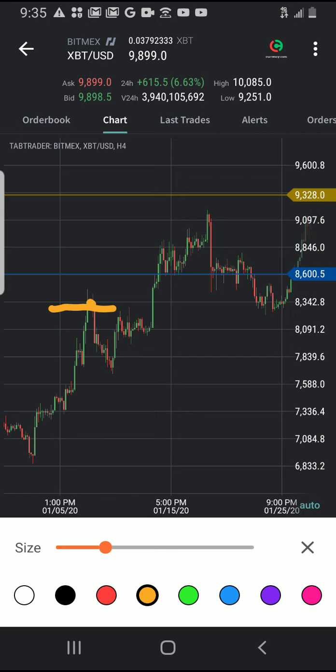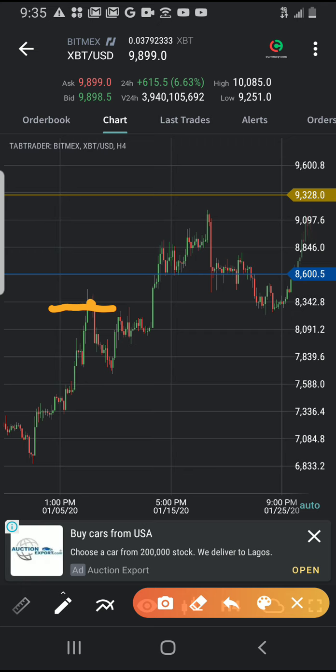We tested it the first time, we didn't break, we had to go below, and we finally broke out and touched 9,000. When we touched 9,000 here, what happened? We started coming down. Immediately we reached this price level, we didn't go below.